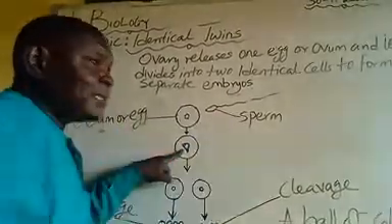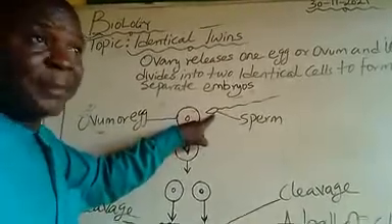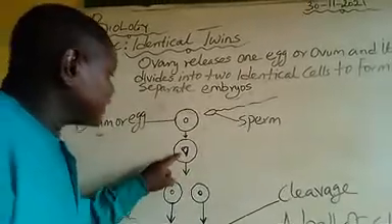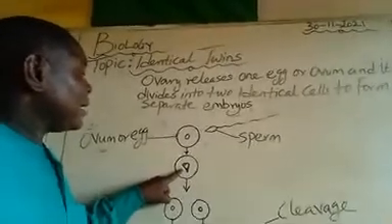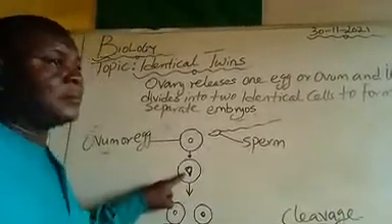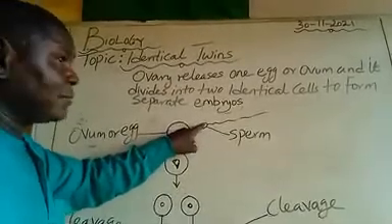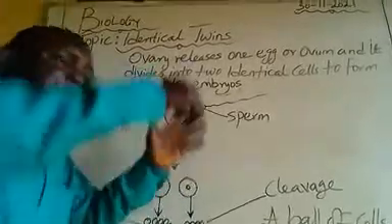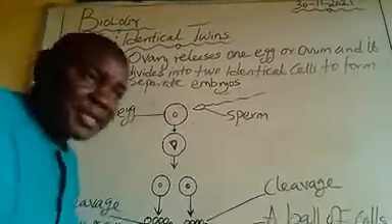The male gamete is the sperm cell, while the female gamete is the egg cell. Look at the egg cell. Look at the sperm cell. When the two are fused together, that is what we call fertilization.